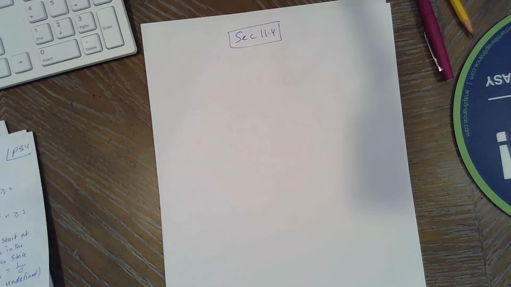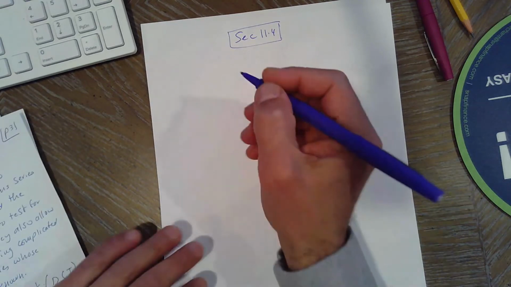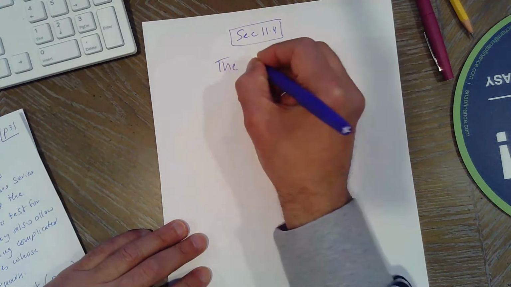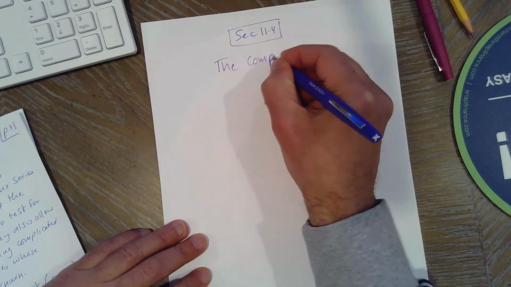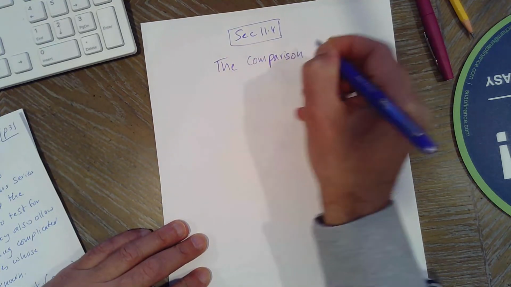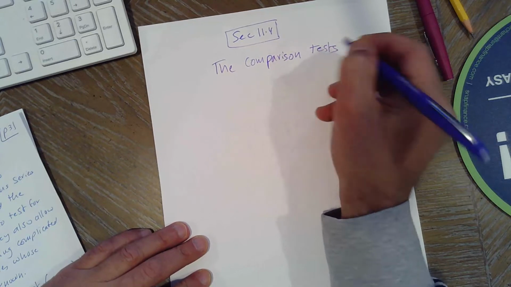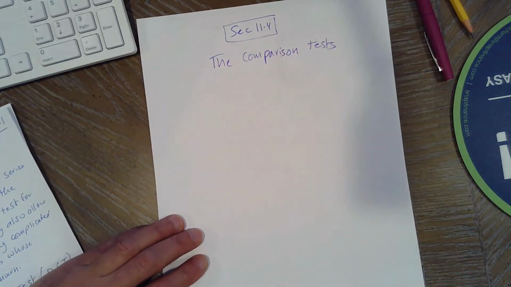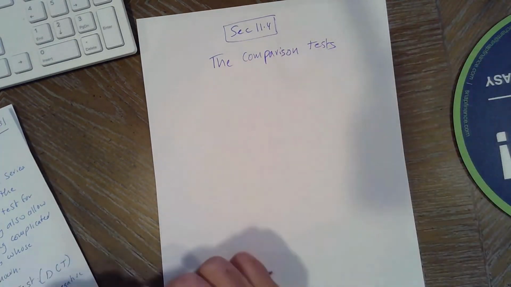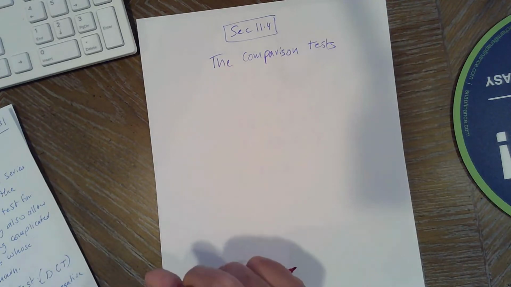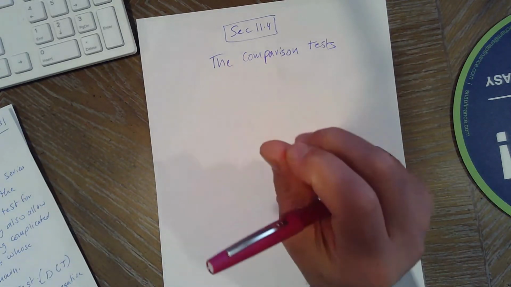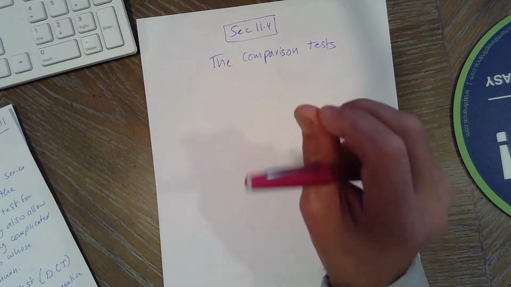So there's two tests that we're going to go over in 11.4. They're called the comparison tests. There is the direct comparison test and the limit comparison test. So we'll study these tests for a series of positive terms.